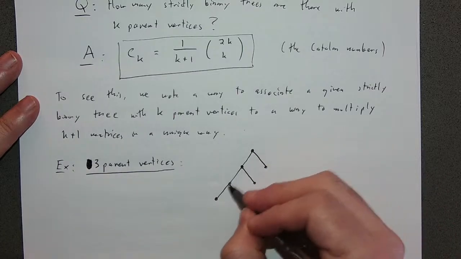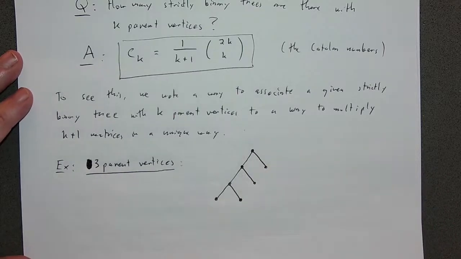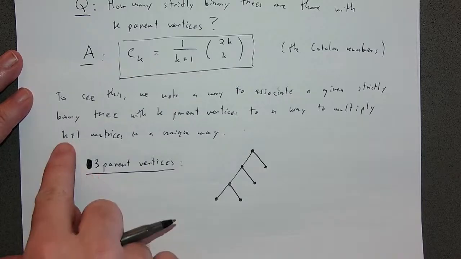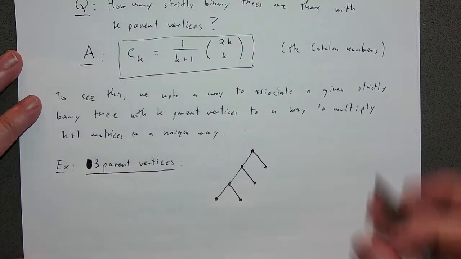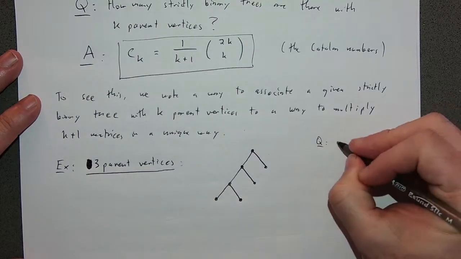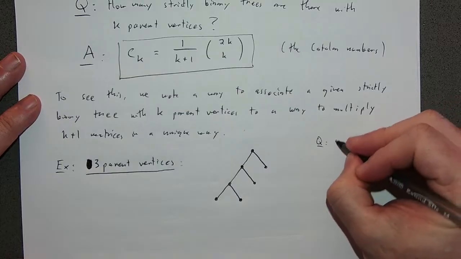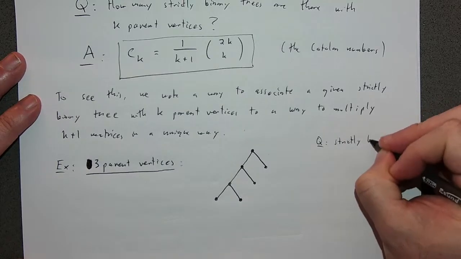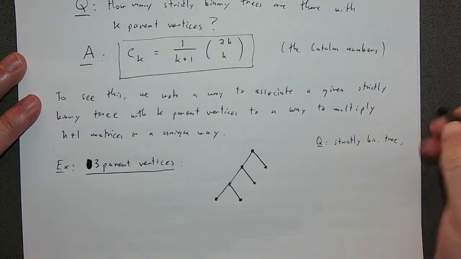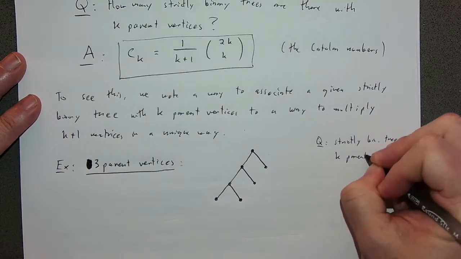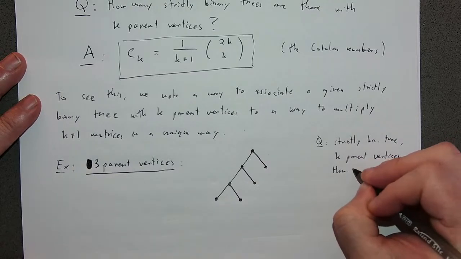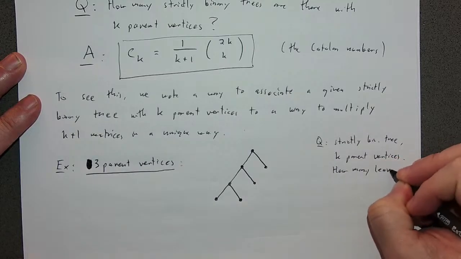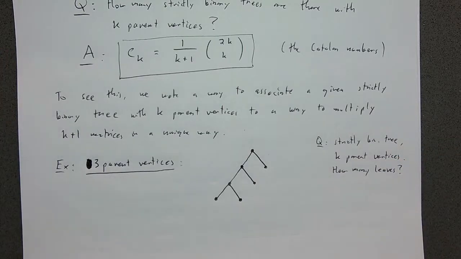There they are. Okay. Now it can be shown that if I have k parent vertices, here's a quick question. Let's say that I have a strictly binary tree with k parent vertices.